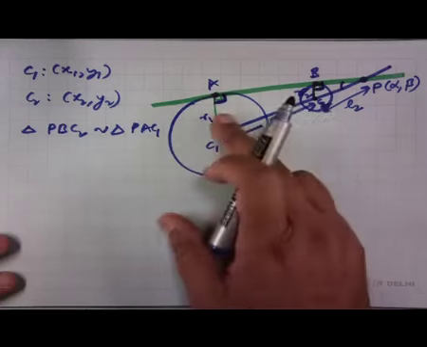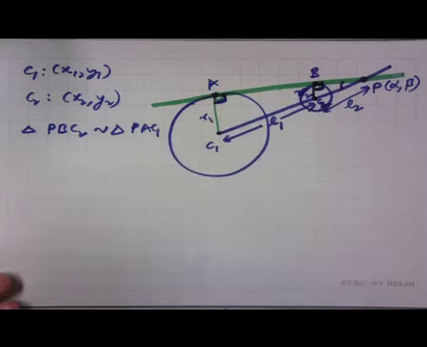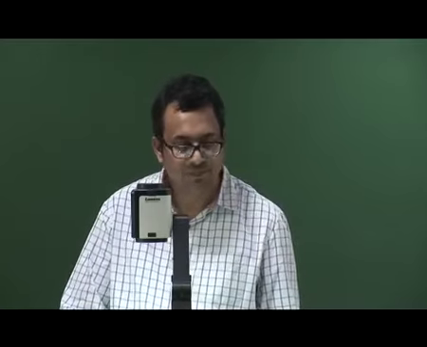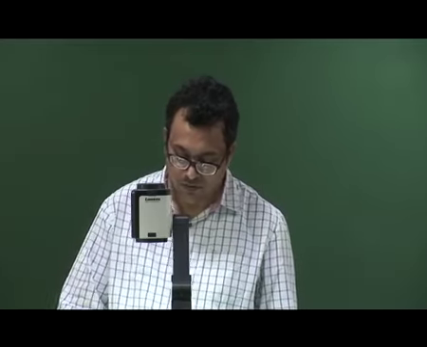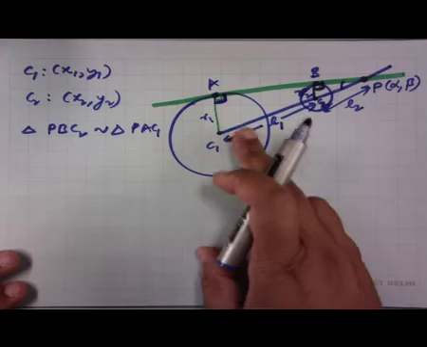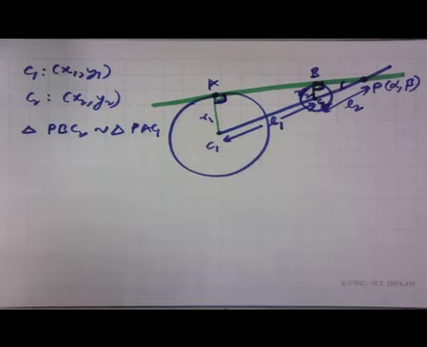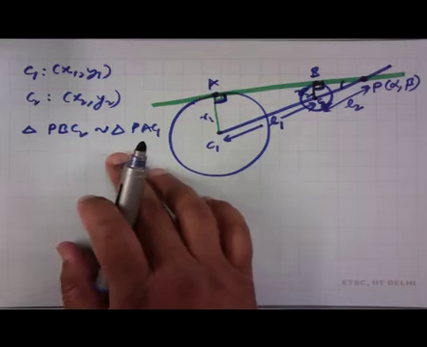Therefore, because two angles of both these triangles are the same, the third angle also has to be the same, and because all the three angles are now the same for these two triangles, it follows that both these triangles are similar.